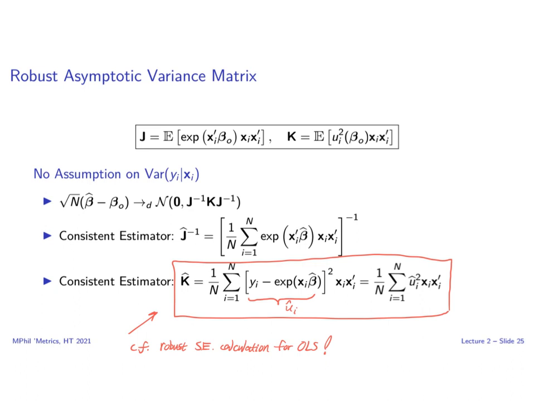The downside, of course, is that when we make fewer assumptions, we are typically going to be left with somewhat more badly behaved objects. And indeed, this product of j hat inverse, k hat, j hat inverse can be rather noisy in small samples.